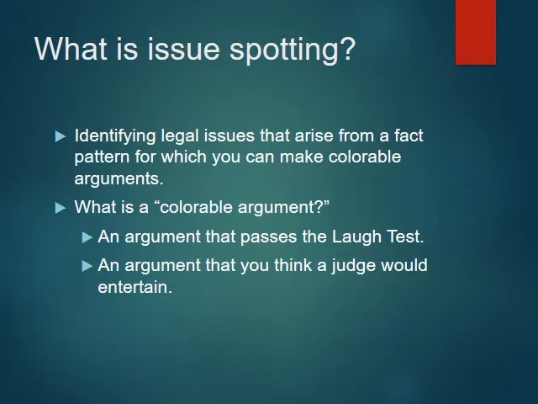Issue spotting exams oftentimes have so much information in them and so many issues embedded in there by your professor that if you're pulling crazy ones out of the air, you should probably take a step back and reread the fact pattern to figure out what you're missing. Because there's going to be low-hanging fruit, higher fruit.